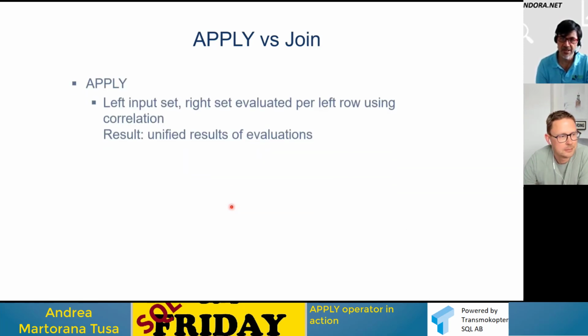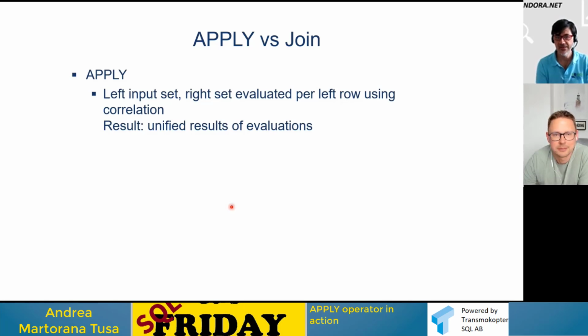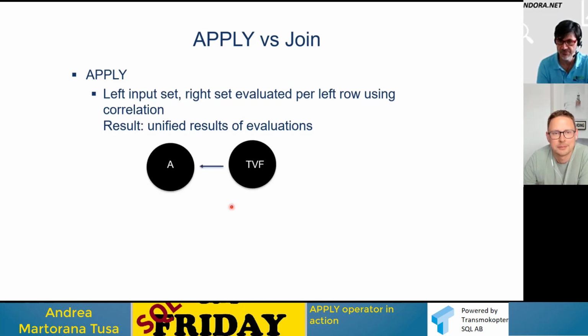And when you think about apply, it takes a left input set, a table for instance, and evaluates each row as an input using a correlation. The output is the unified results of the evaluation.